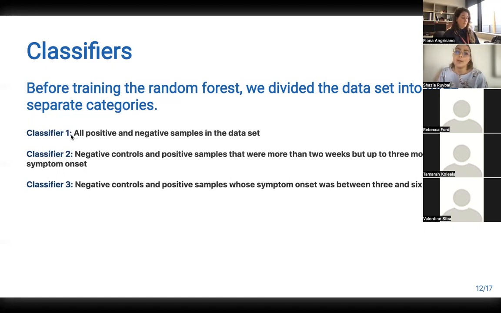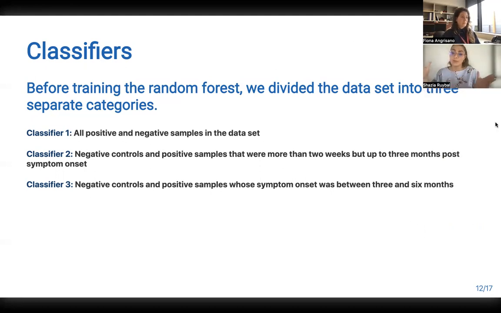The first one is just everything: all of the positives and all of the negative samples in the data set, so we don't differentiate between time since symptom onset. For the second classifier, we use all of the negative controls and restrict it to the positive samples that were more than 2 weeks post-symptom onset, but up to 3 months.